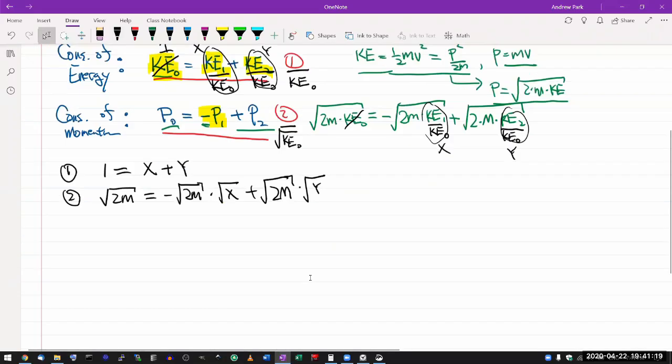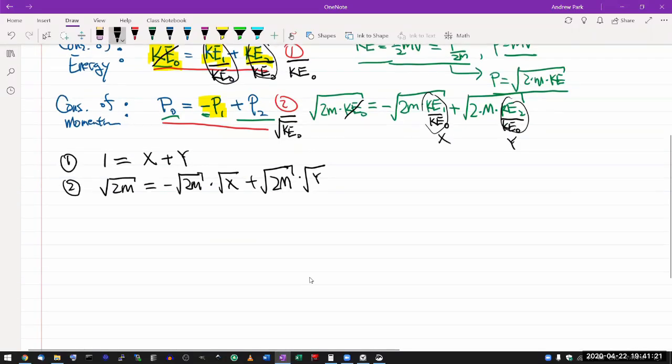So at this point, you have two equations, two unknowns. It should be solvable. And that's a good thing to know before you start, because these square roots are going to make your life difficult.